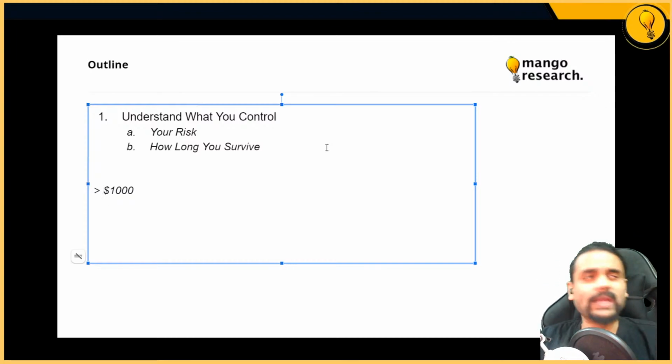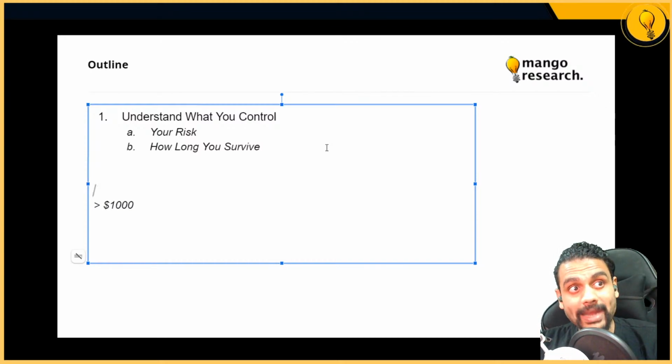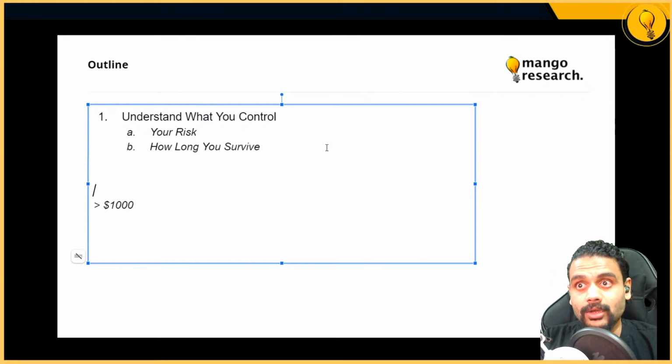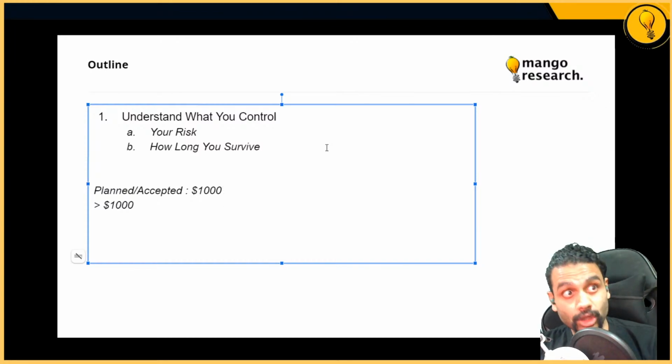And now you might be asking, wait, what do you mean? This is so confusing. The reason is that as soon as you initiate the trade, you have already planned and accepted a $1,000 potential loss on that trade.